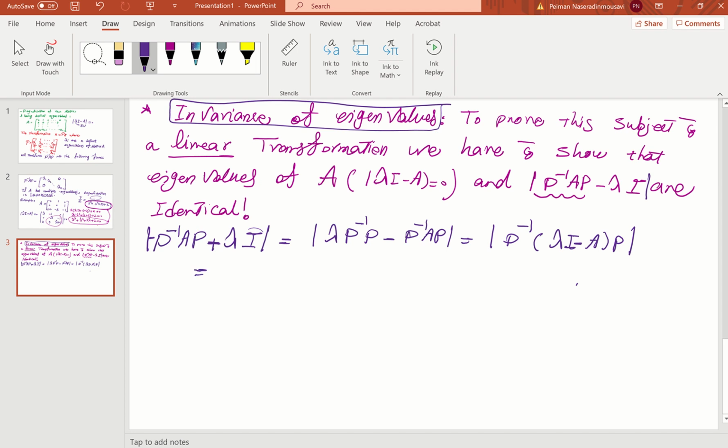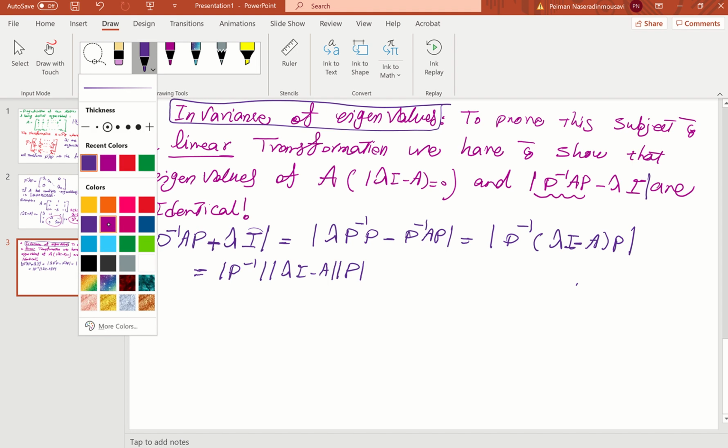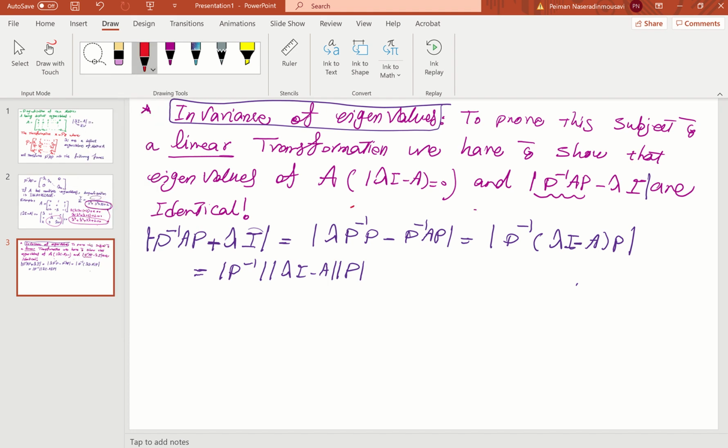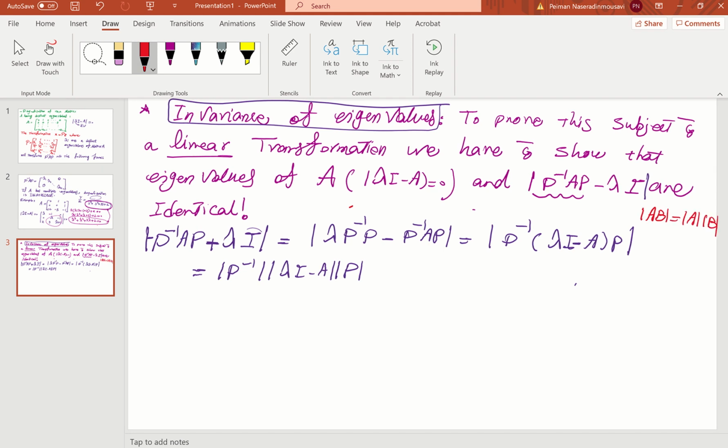So this can be written as the determinant of P inverse times the determinant of lambda I minus A times the determinant of P, because we know from algebra that the determinant of the matrix AB is the determinant of A times the determinant of B. So that's why we can write it like that.